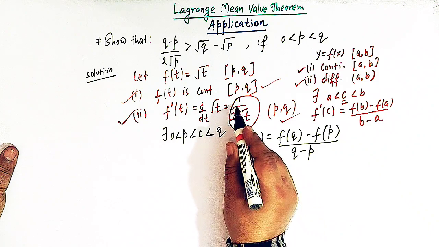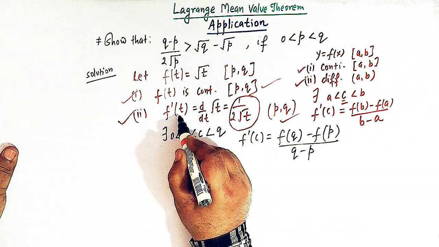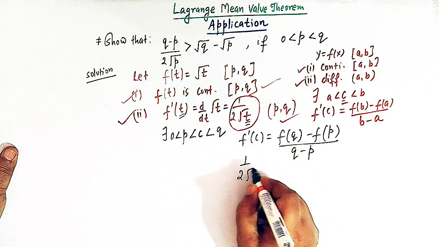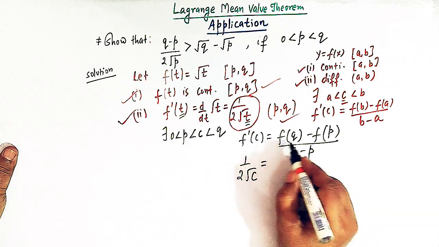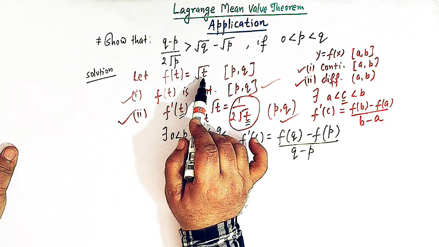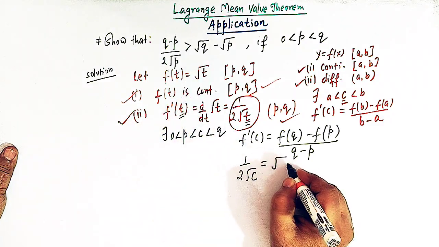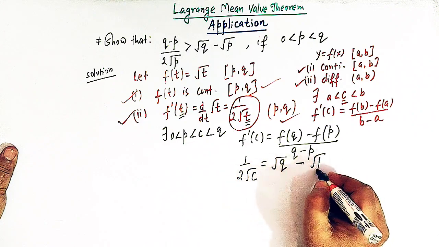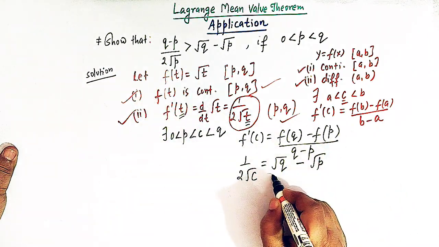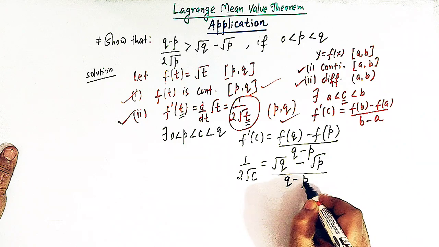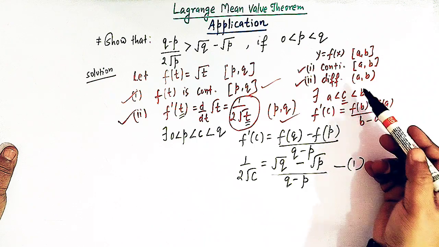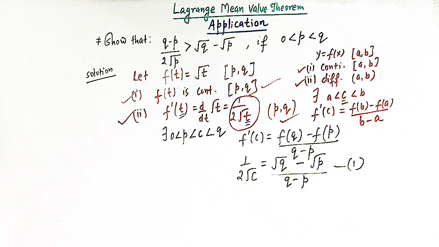Now f prime of c can be written by replacing t by c, so we have 1 over 2 times square root of c is equal to f of q, obtained by replacing t by q, which is square root of q, minus f of p, obtained by replacing t by p, which is square root of p, divided by q minus p. So now we have this important equation due to Lagrange's mean value theorem.